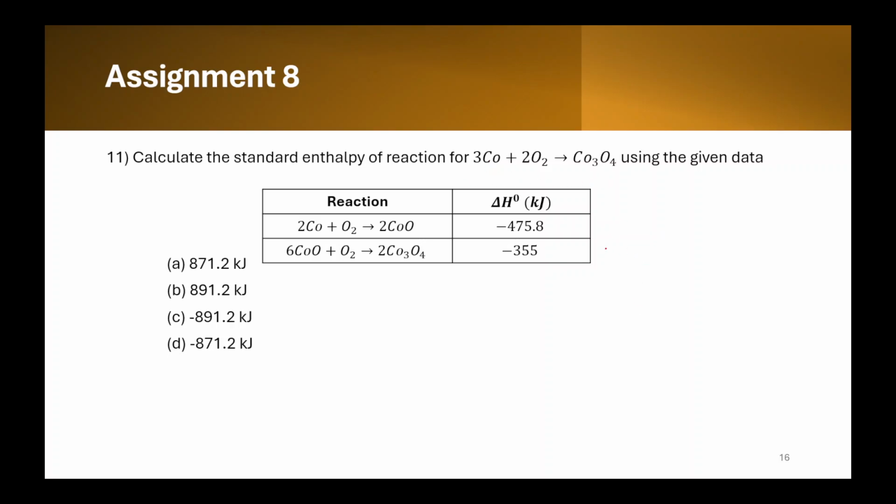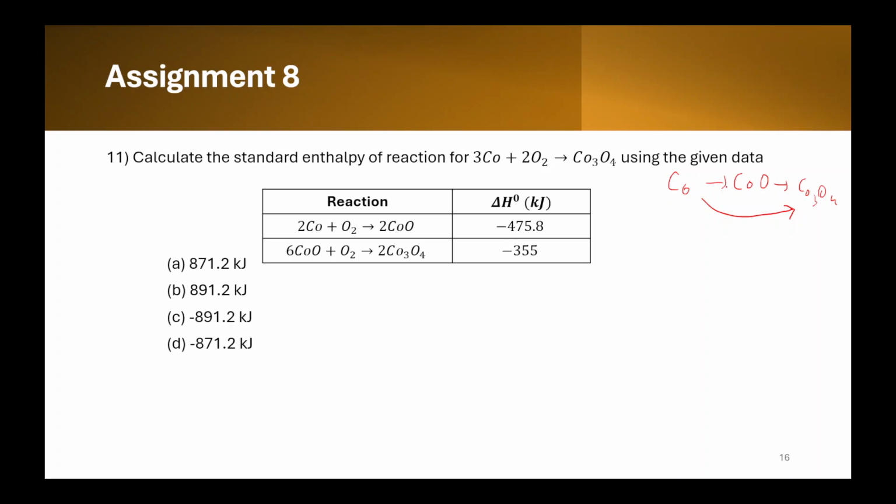So we are given combustion of Co to CoO, cobalt monoxide basically. And we are given again the combustion of cobalt monoxide to give the Co3O4. So we are going from Co to CoO to Co3O4. This is one route and this is one route. So basically this route is our resultant. This route is the desired one, okay?